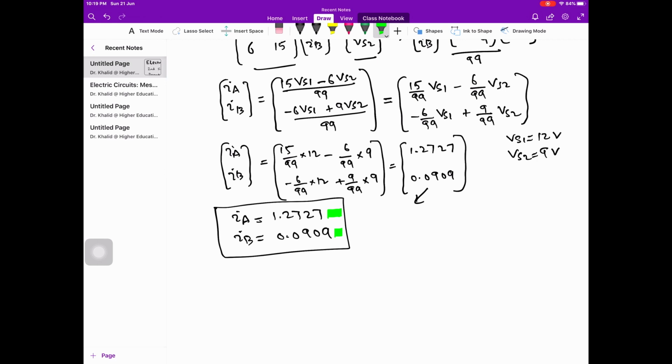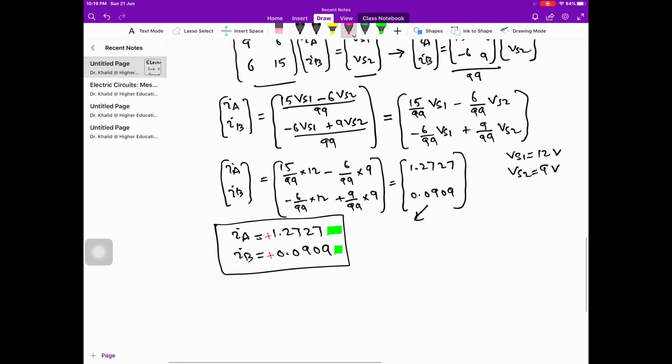So whenever we see the sign of our current, the plus means the actual current is flowing in our assumed direction. IB, again positive, the actual current is flowing in our assumed direction.